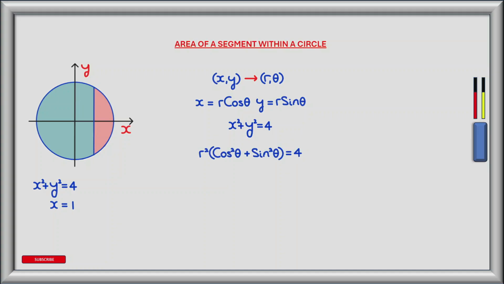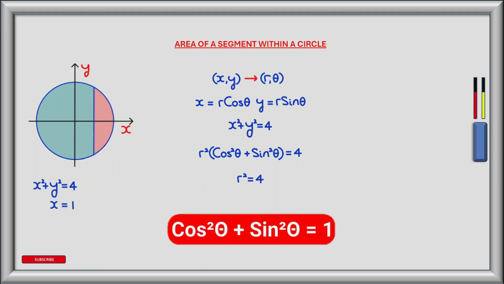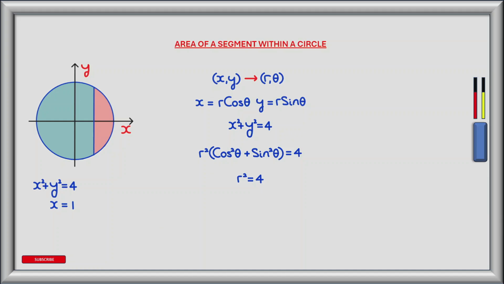Making the substitution gives r²(cos²θ + sin²θ) = 4. Using the trig identity cos²θ + sin²θ = 1 leaves r² = 4, and taking the positive square root of both sides gives r = 2.